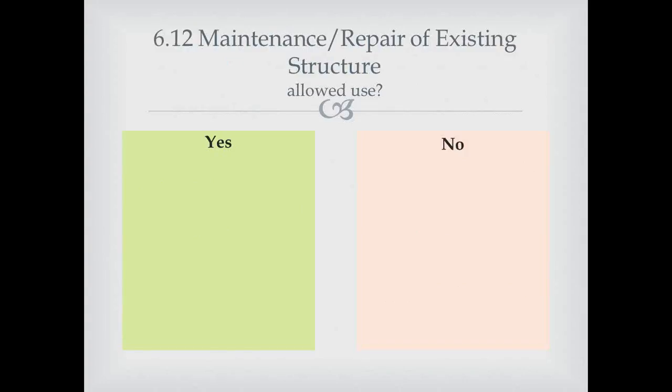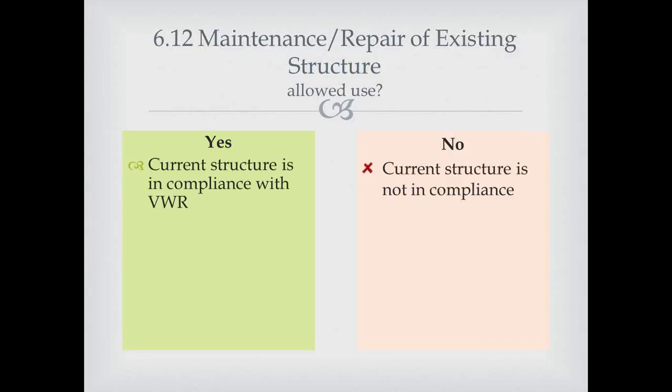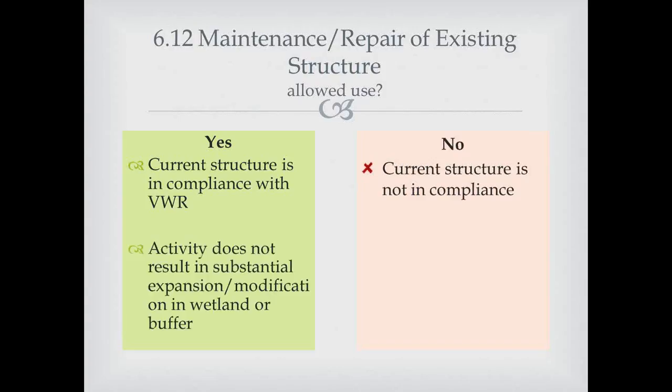Things like the maintenance and repair of existing structures. So as long as the current structure is in compliance with the Vermont Wetland Rules, it's something that you can maintain and repair. If it's not in compliance, it may need to come in for an after-the-fact permit or be restored.